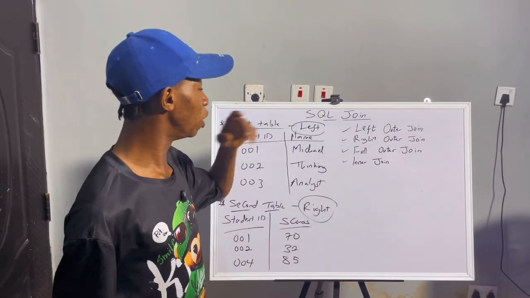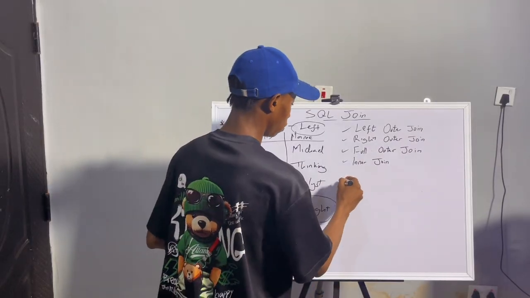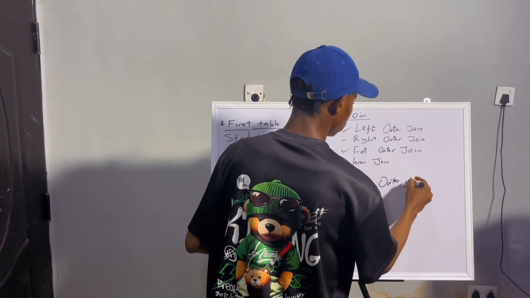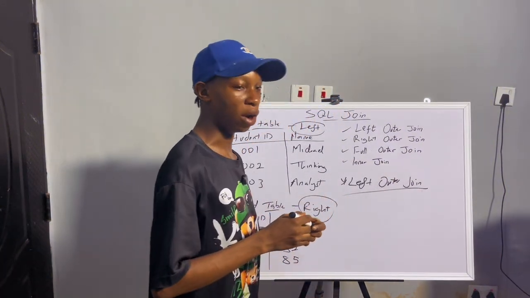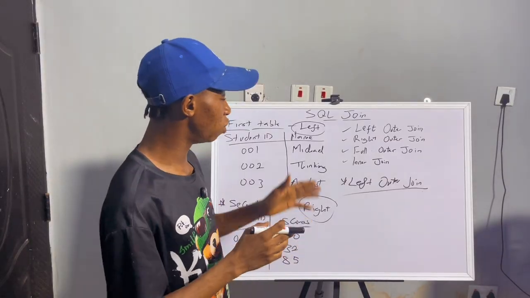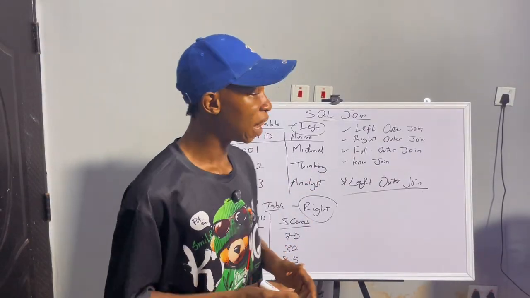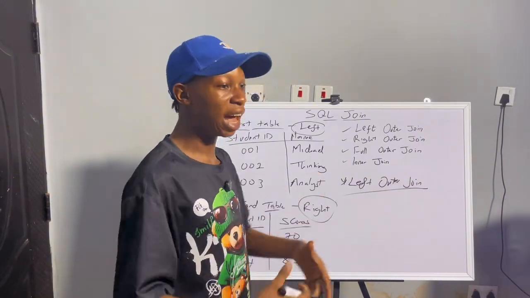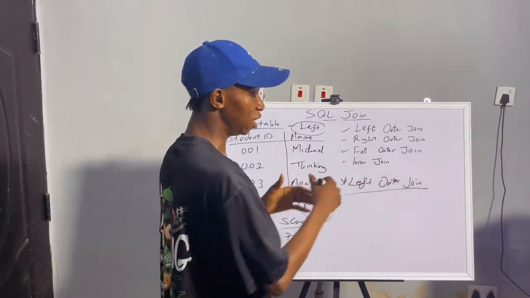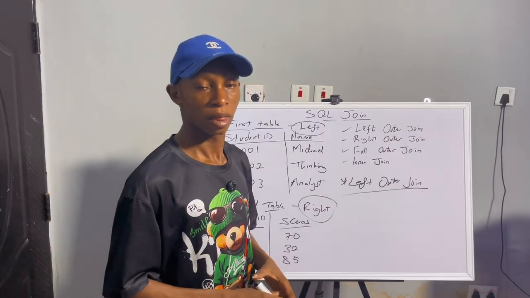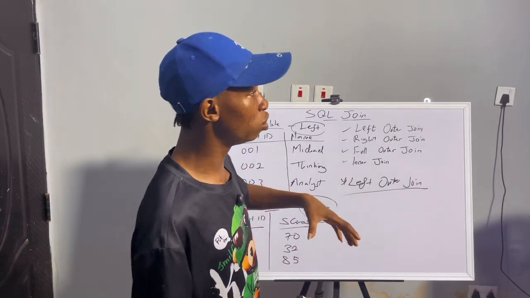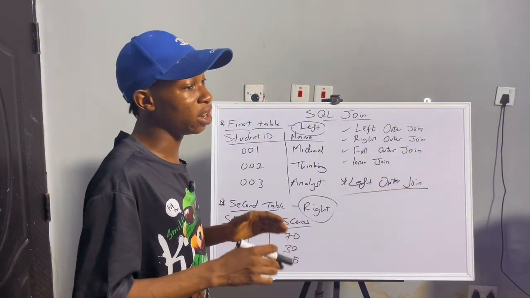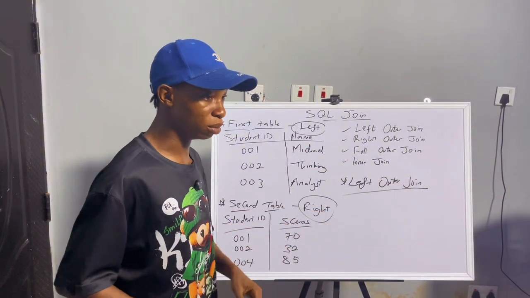So now, if you are joining on left outer join, what is meant to be our result? Your left table is going to be the one that decides what is going to be in the result table. I mean, the left table is going to dominate in the result table.